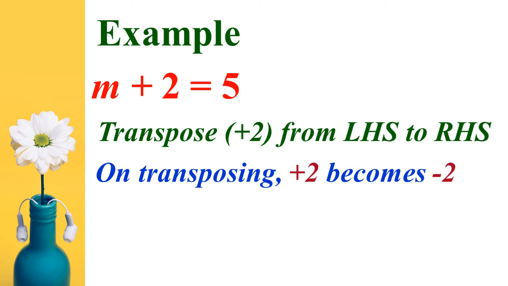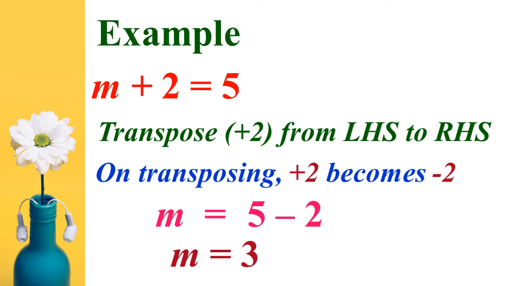On transposing, plus 2 becomes minus 2. So we get m equal to 5 minus 2, and 5 minus 2 equal to 3. Therefore, the solution of the equation m plus 2 equal to 5 is 3.